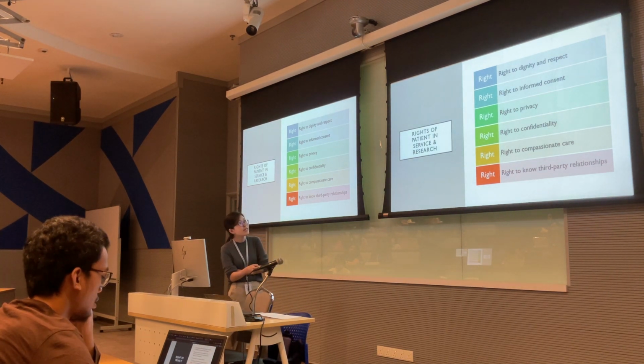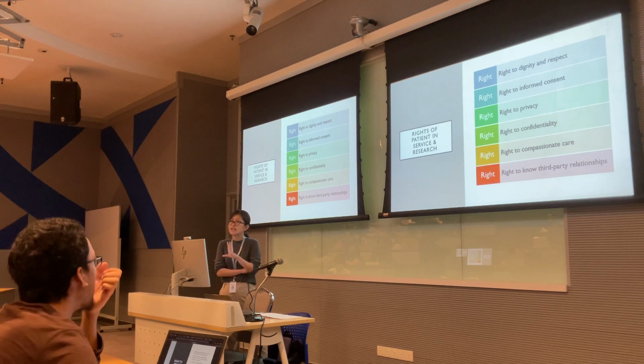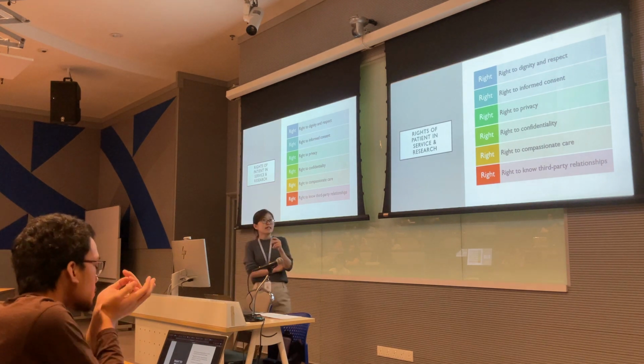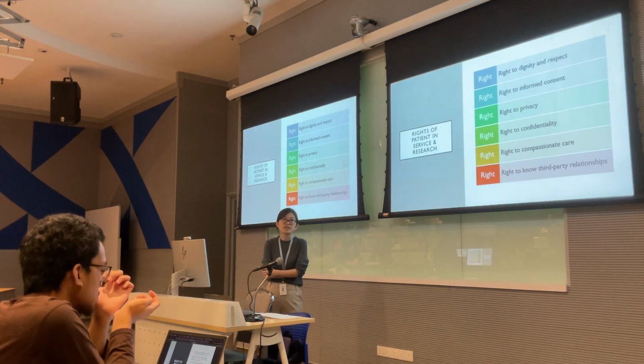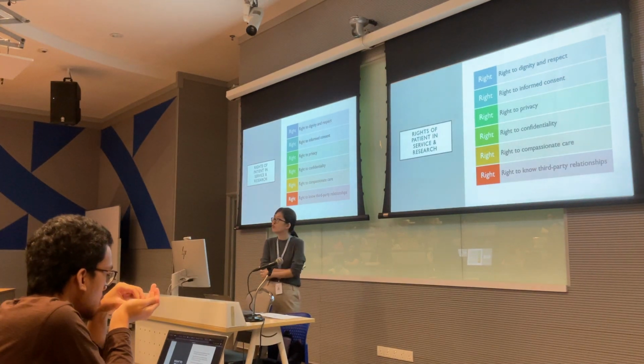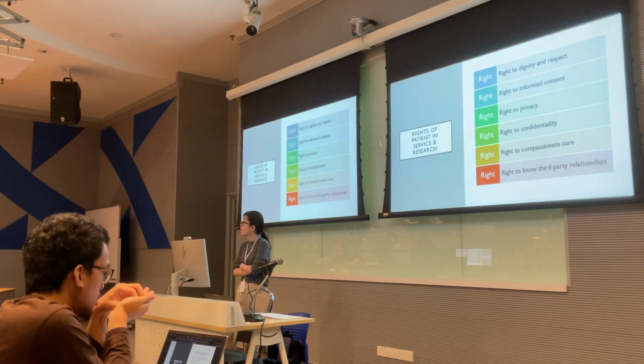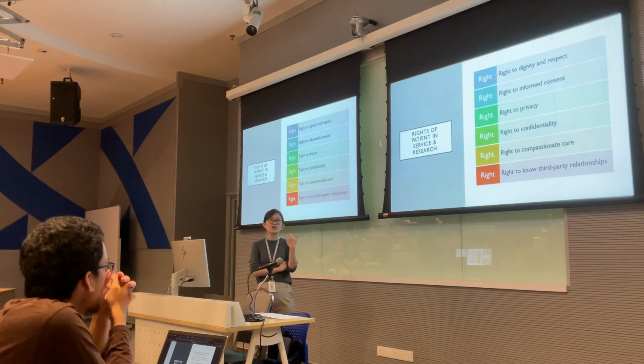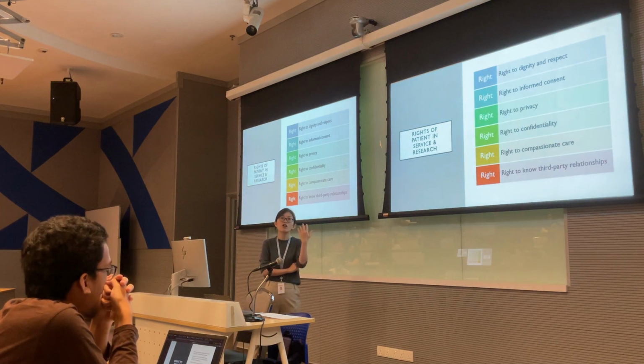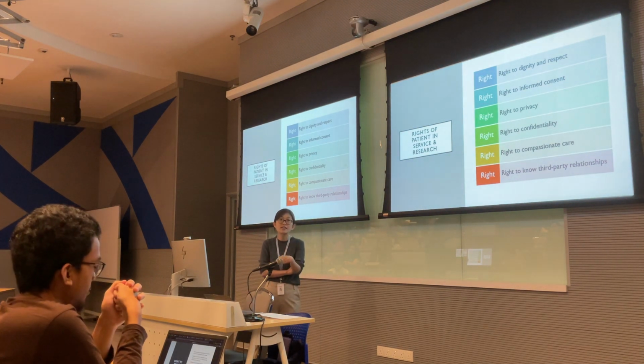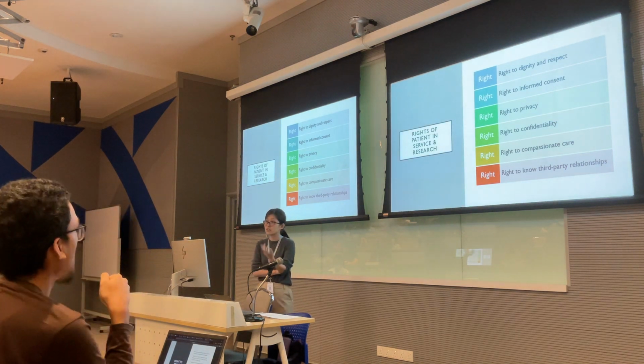So the third-party relationship here means they have the right to know your funder, your institute, or who your collaborator or partner is, such as a hospital or medical institution.